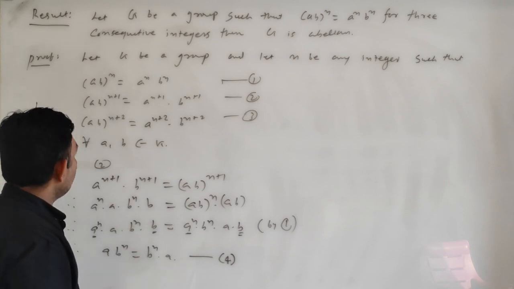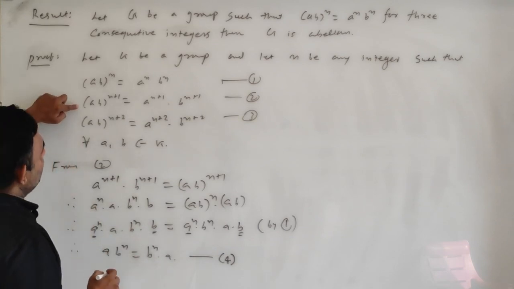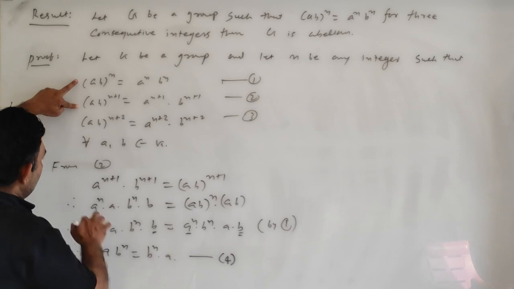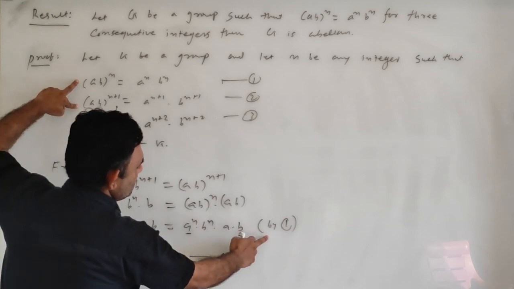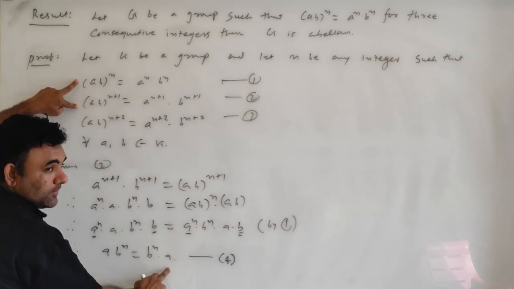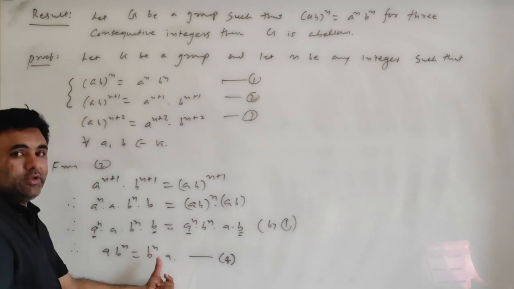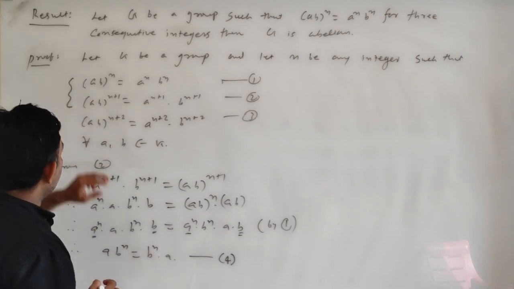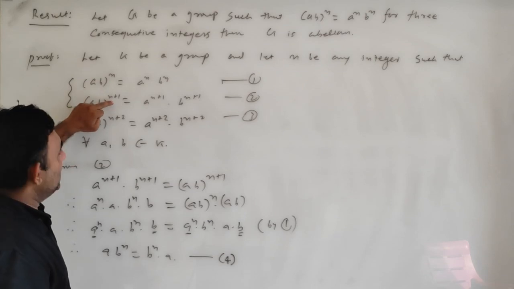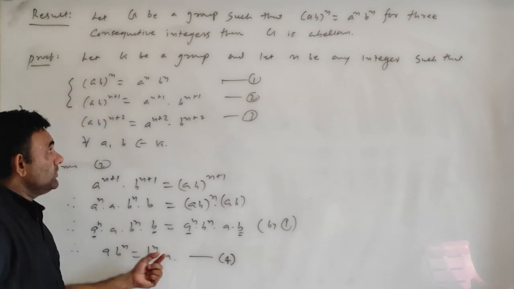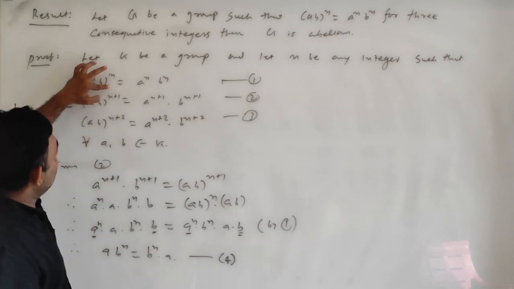So ultimately, if I started with 2 and used 1, then I get this result. From this 2, what I get is (ab)^n equals b^n a. You can look at it this way: here n and n+1, so I have the nth power, then the smaller one.